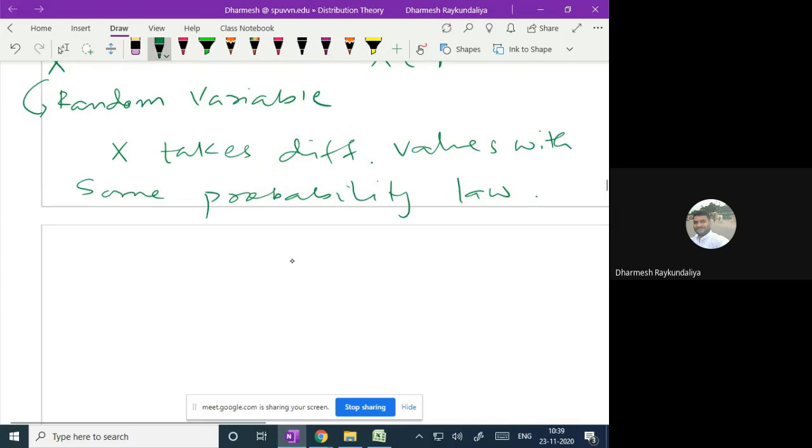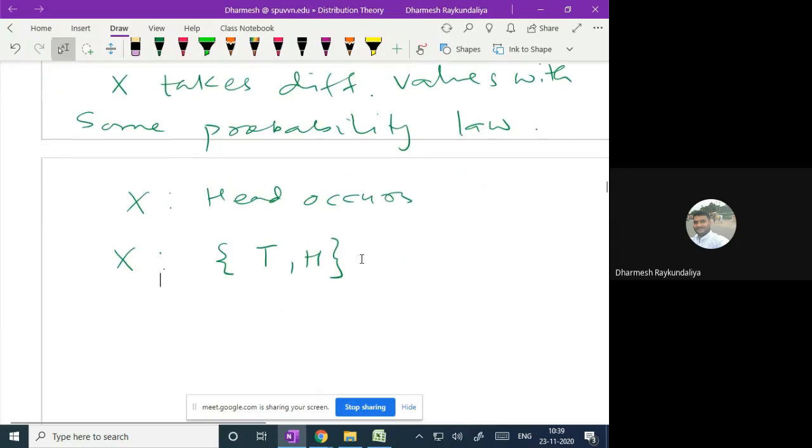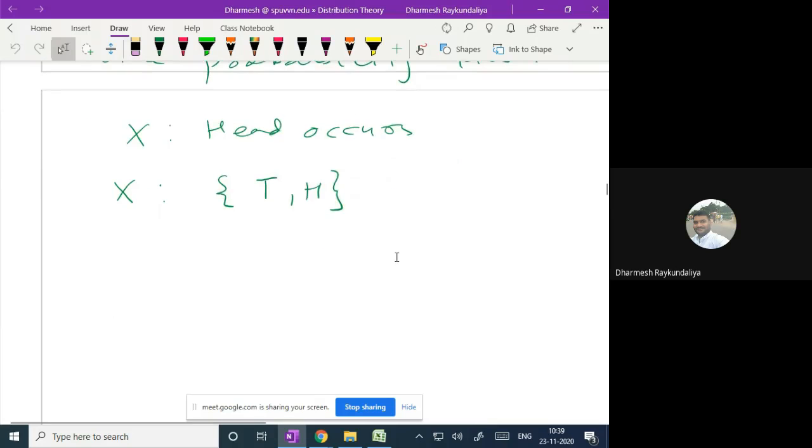Suppose you are talking about the tossing of a coin, then x is the event that head occurs. So x takes value either tail or head, because when you toss the coin, there are two possible outcomes: either tail appears or head appears.